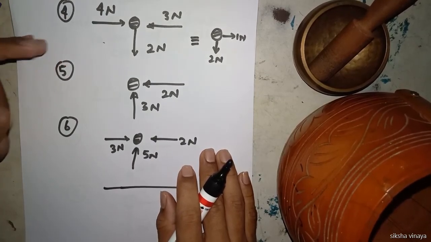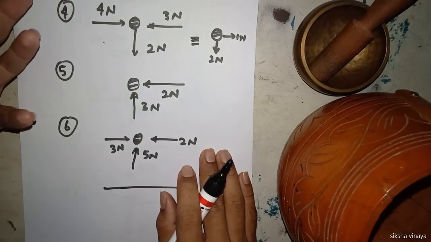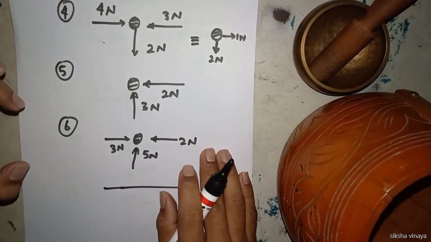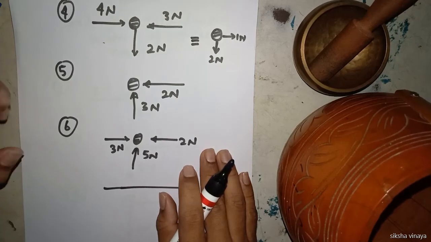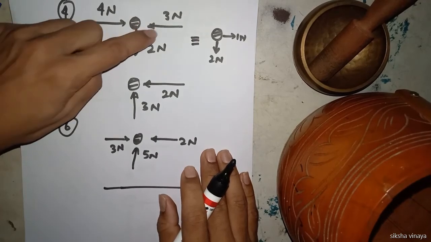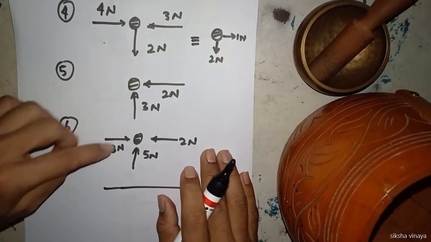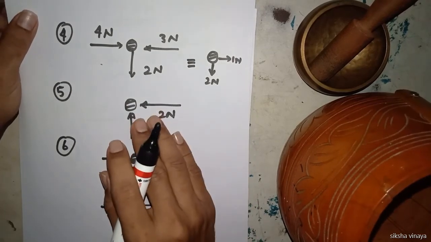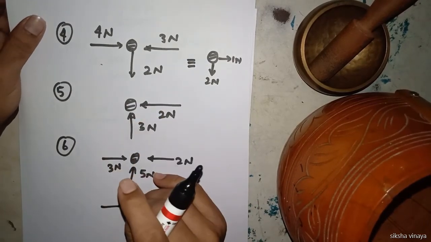These are the cases which I have given you. The case of perpendicular vectors. In each question, I have taken the angle as 90 degrees. Here, this is 90, this is 90, this is 90, this is 90, 90. So in every case, I have taken 90 degrees so far.